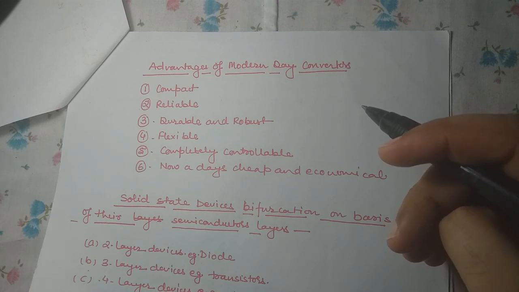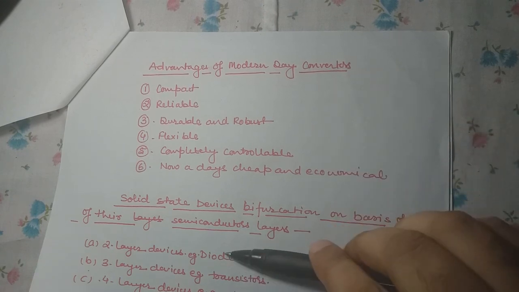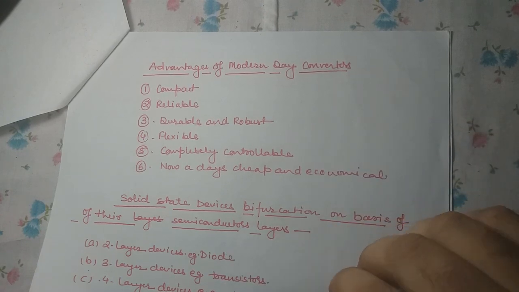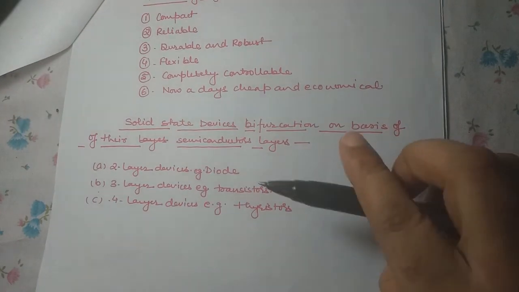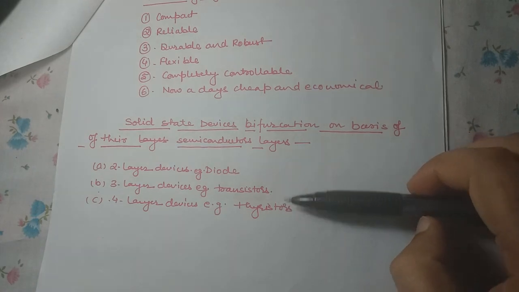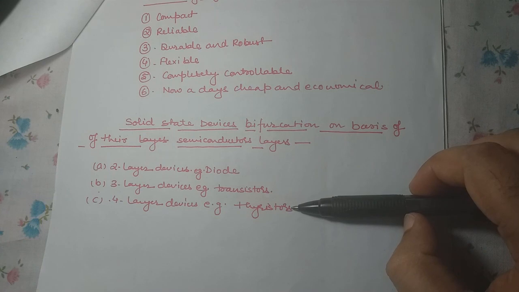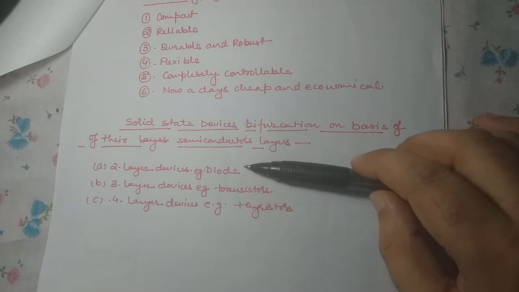As we are increasing the layers, the number of junctions is increasing, as well as we have more controllable devices. From diode to thyristor, the controllability is increasing. If we are talking about diode, transistor and thyristor, the applicability of the thyristor is somewhat more than the transistor and diode.